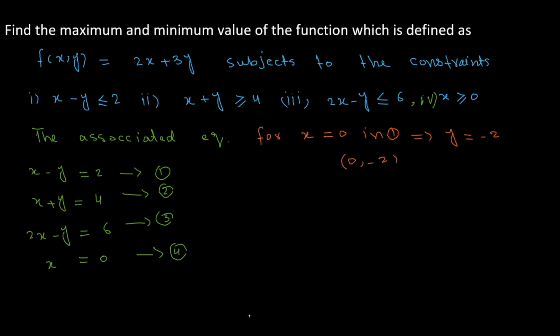For y equals 0 in equation 1, we get x equals 2. So our point is 2 comma 0. Combining these, the points for line 1 are 0 comma minus 2 and 2 comma 0.